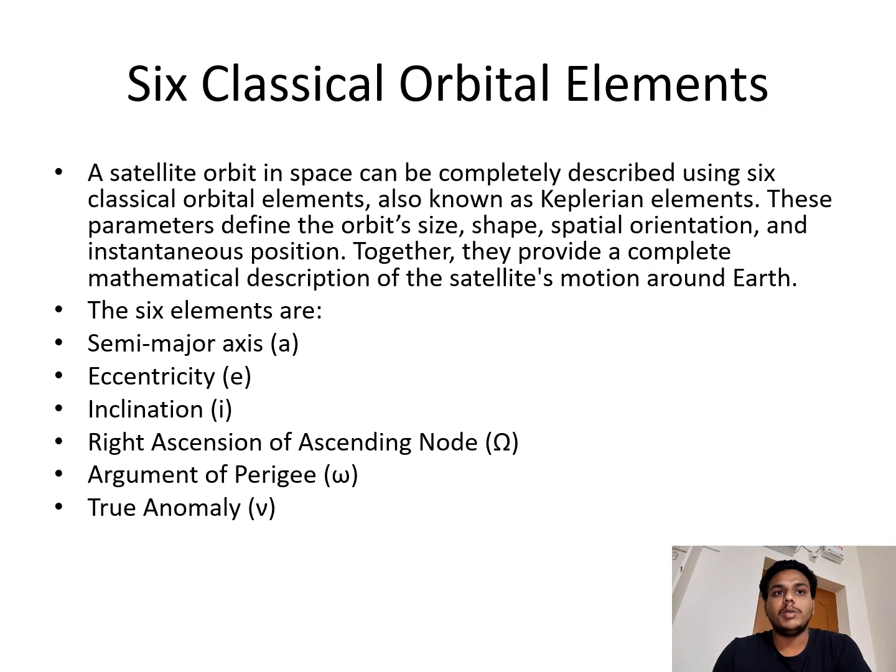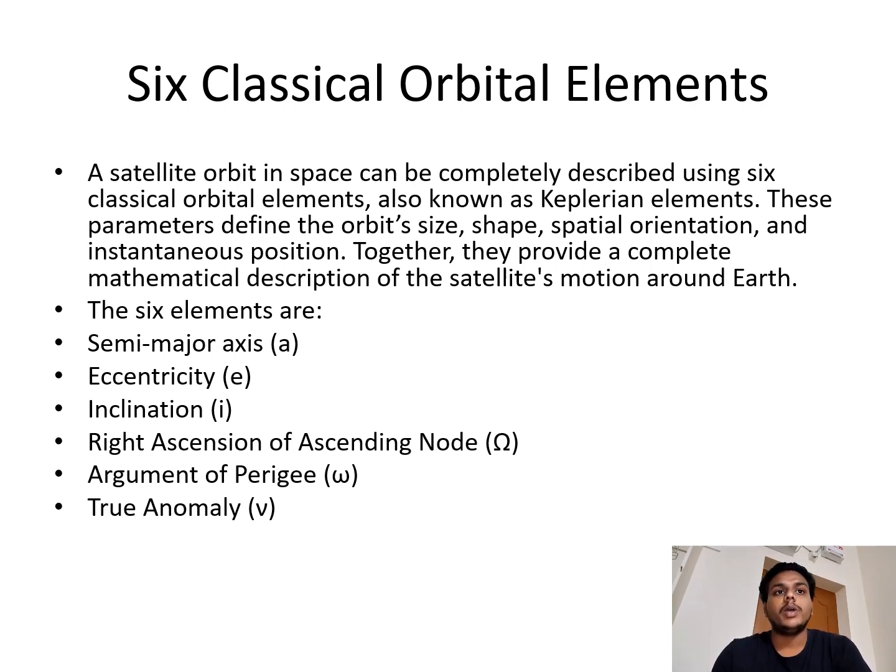Six classical orbital elements. A satellite orbit in space can be completely described using six classical orbital elements, also known as Keplerian elements. These parameters define the orbit size, shape, spatial orientation, and instantaneous position.